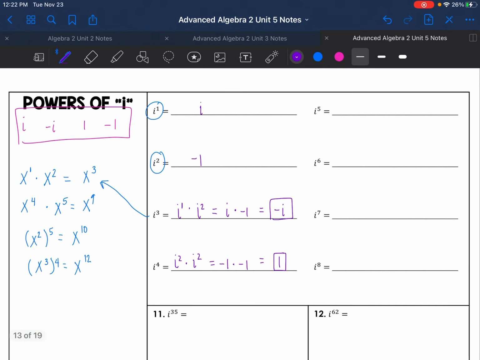All right, let's go to i to the 5th. So we could do a few different things, but I'm going to show you how you're going to do all of the problems from here on out. So if you have an odd exponent, let's first just do i to the 1st power.